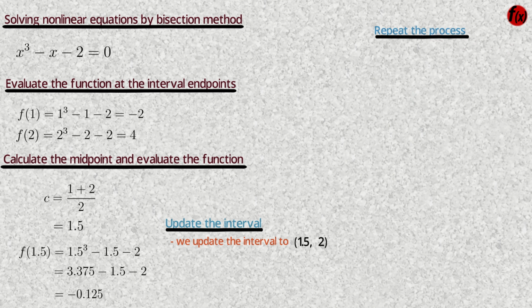Repeat the process. The midpoint of the interval 1.5 and 2 is 1.75.